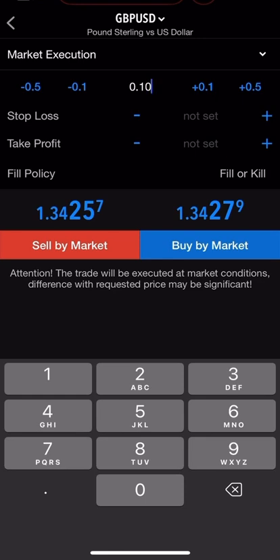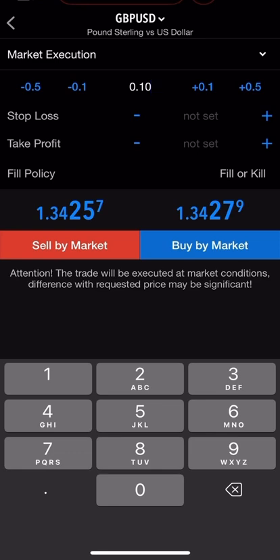Take profit simply means once the market is going in your direction, maybe you are selling GBPUSD and the market is selling rapidly, once price hits some certain level, the broker will take you out. That's the take profit. They will close your trade with the profit that you have made.